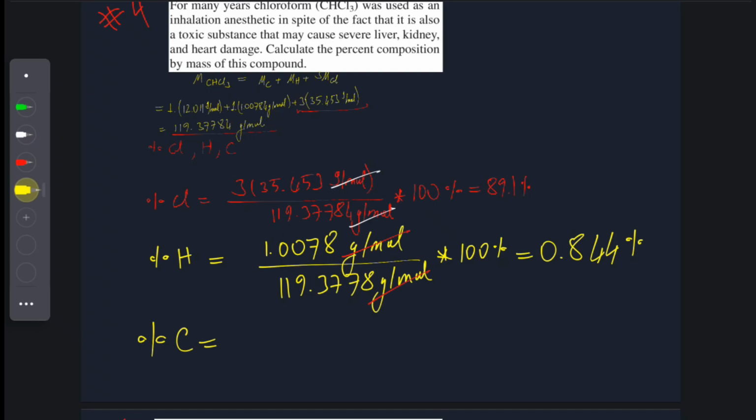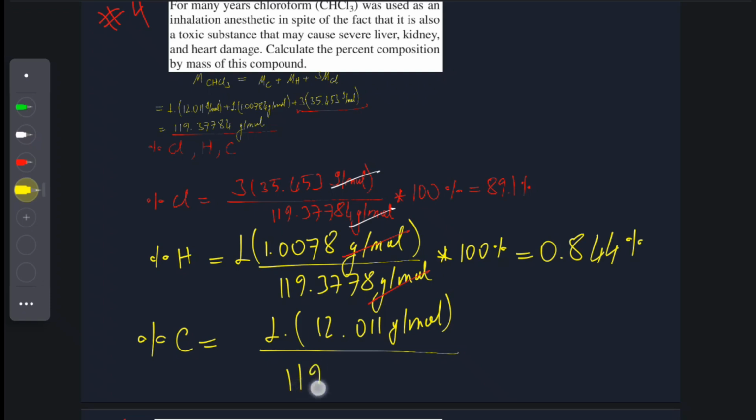So there is only one carbon, right, and one hydrogen in the molecule. So carbon molar mass is 12.011 gram per mole, and the total mass of the molecule 119.3778 times 100%, and the result becomes 10.1%.